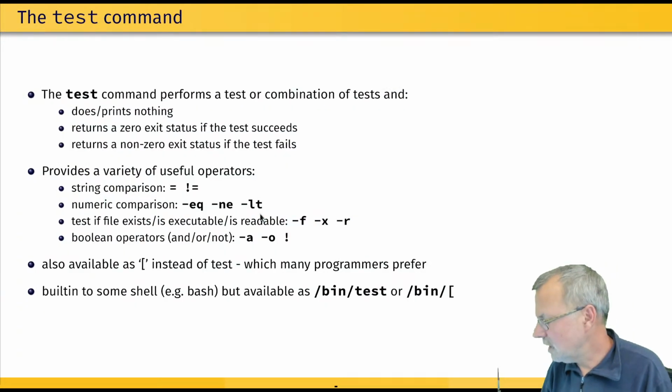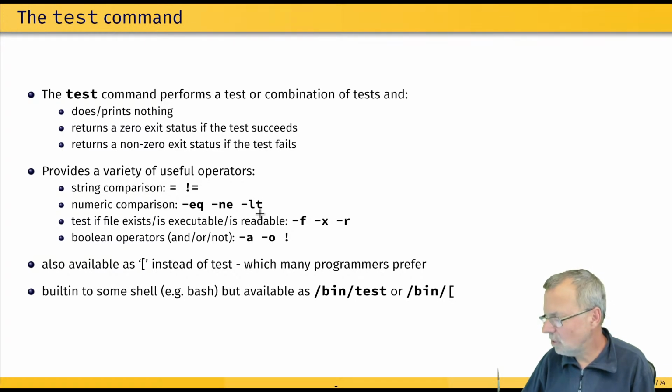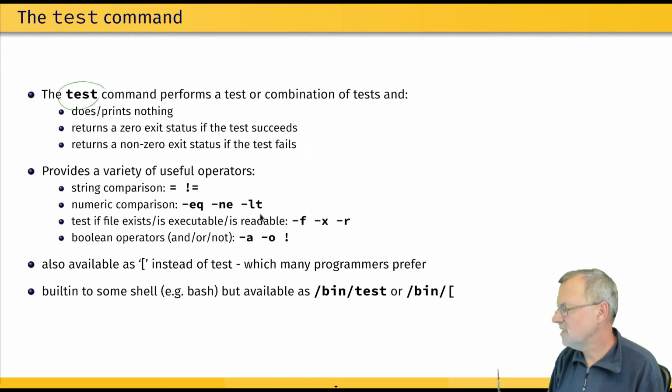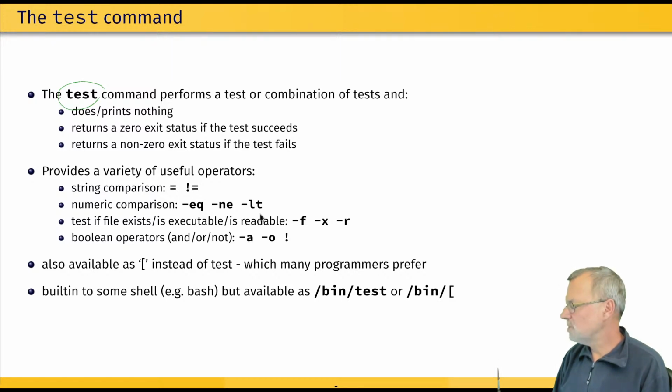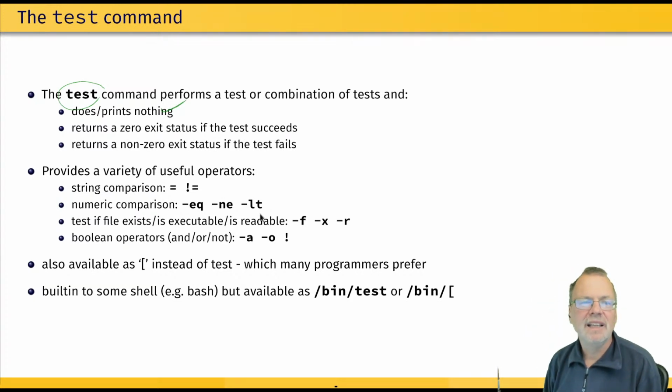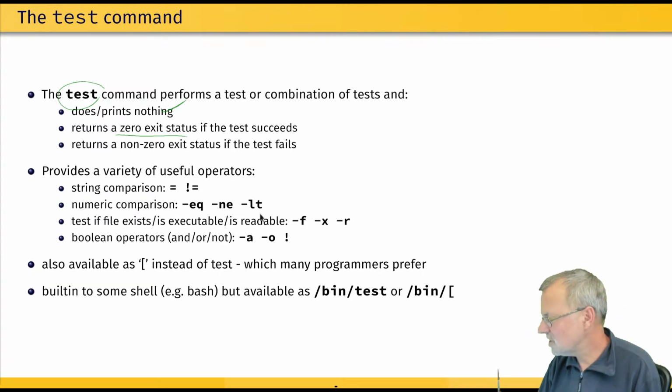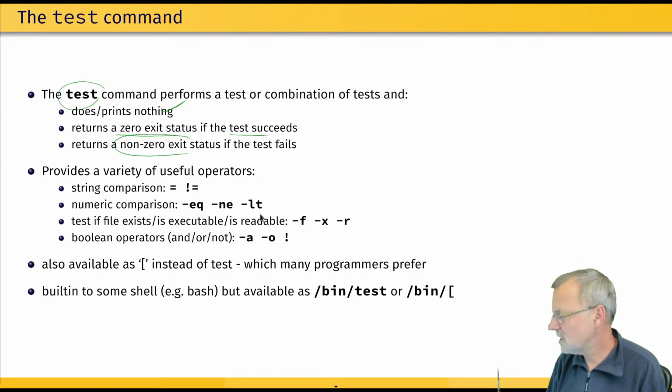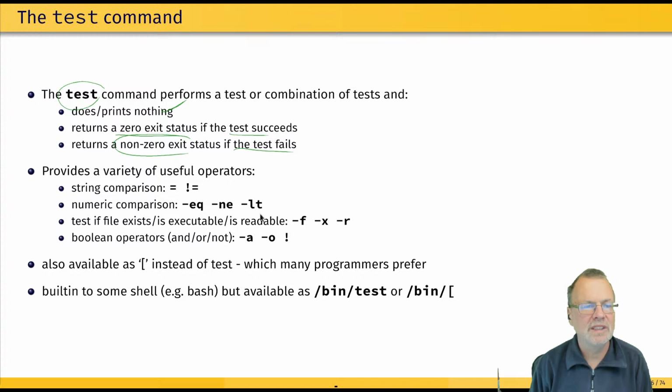There is a program that exists only to live in shell scripts, the test command. It performs a test or combination of tests. It normally prints nothing. It exits with a 0 exit status if the test succeeds, and exits with a non-zero exit status if the test fails.